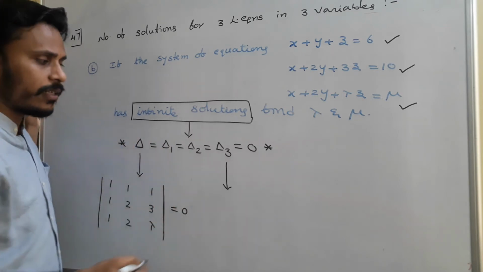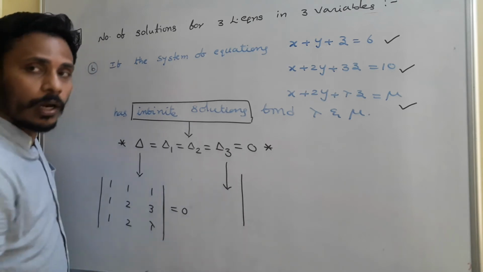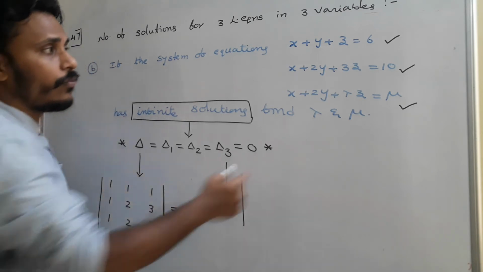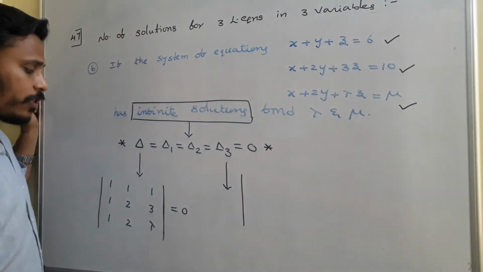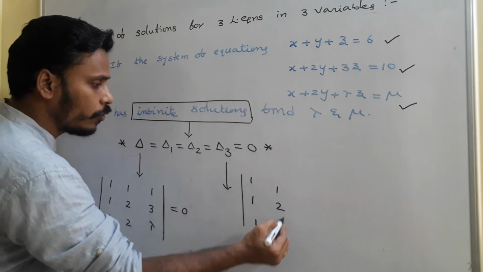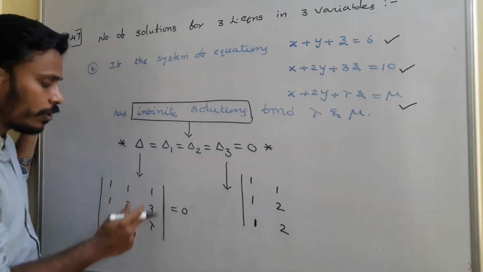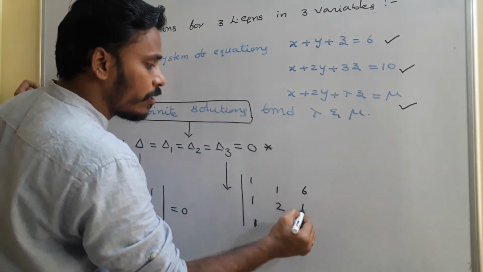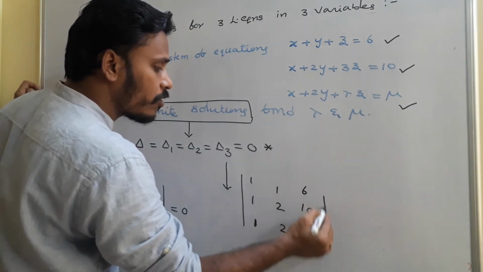I am taking delta 3. Delta 3 is simply replacing the third column of this delta with the constants. The first two columns are the same as they are: 1, 1, 1, 1, 2, 2. And the third column you need to replace with these constant numbers 6, 10, mu. And this is also 0.